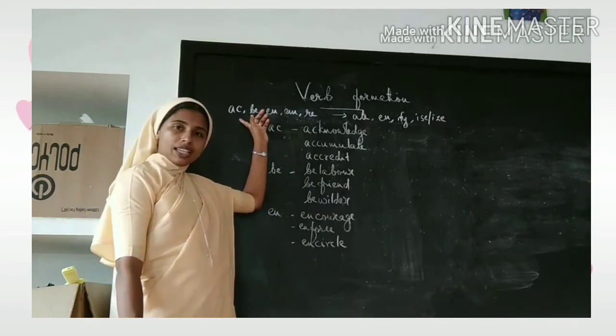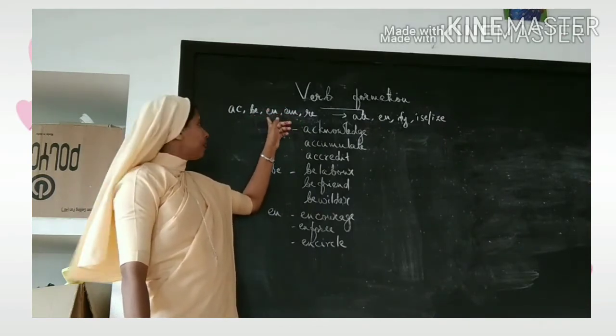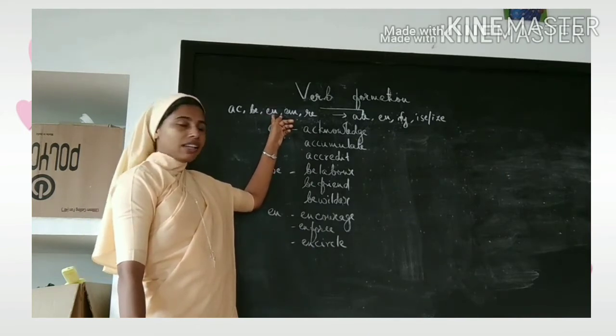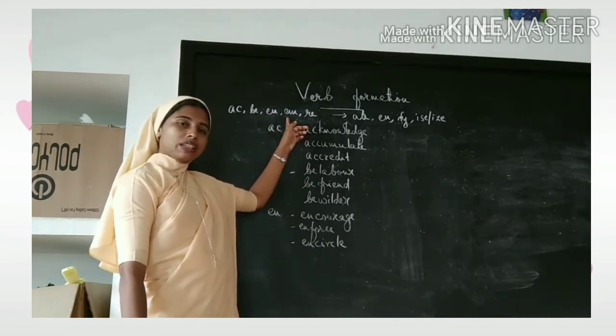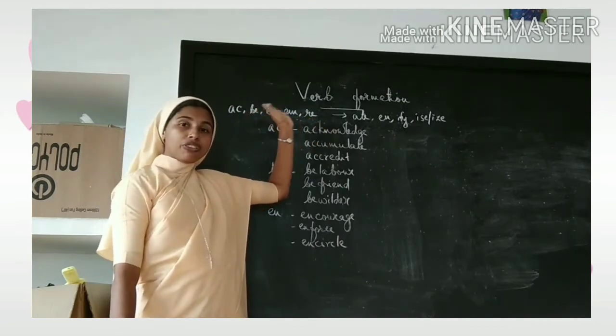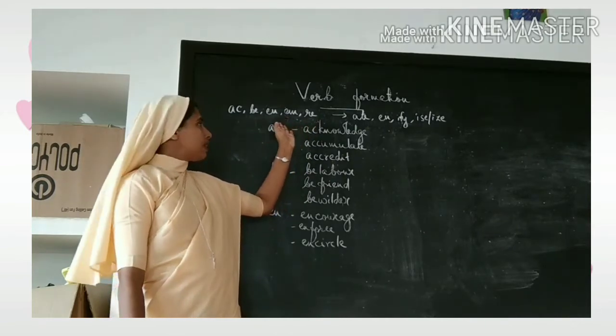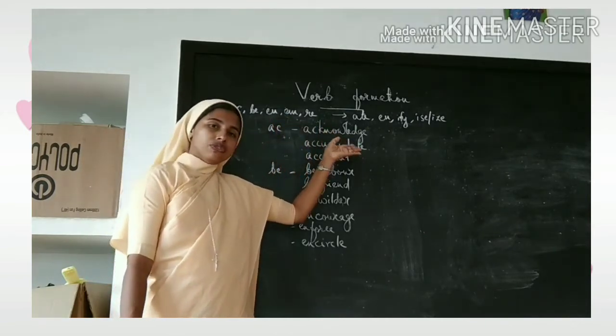That is ac, be, en, em, re. These are the prefixes. That means if we use them before the root word, we will form new verbs.